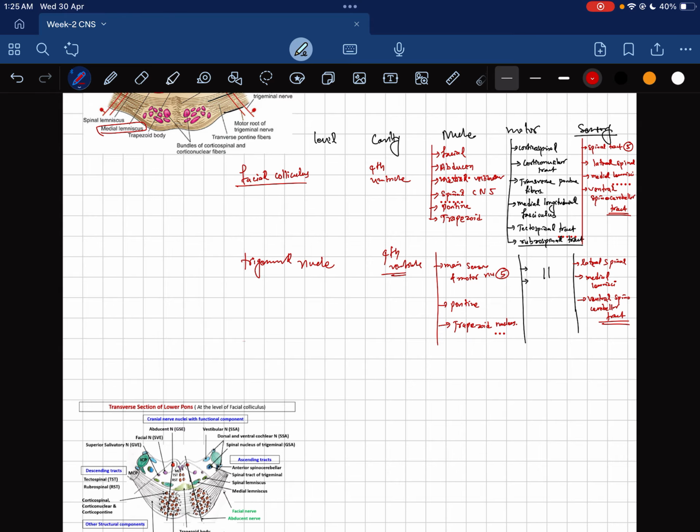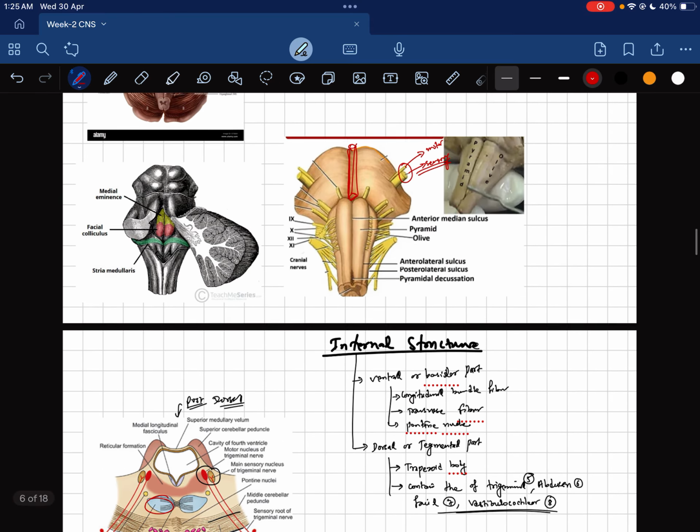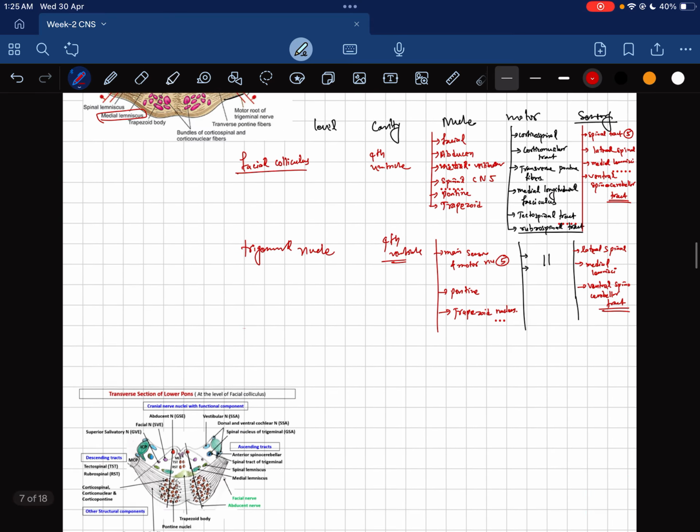This is regarding internal structure. So we are moving on to the blood supply.